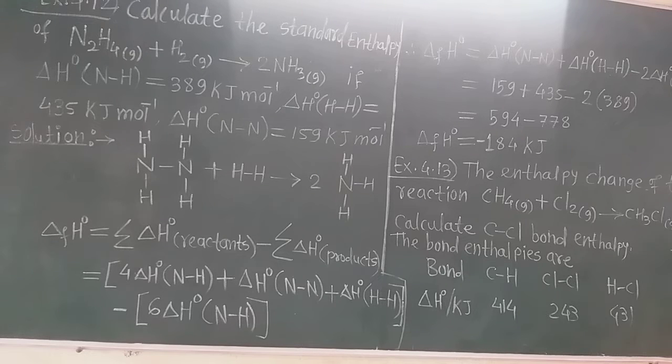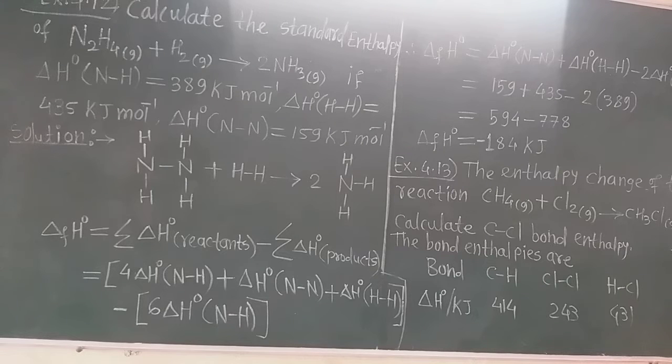Again they have given us delta H0 of H-H, that means hydrogen bond, that is 435 kilojoule per mole, and the bond enthalpy of N-N bond is equal to 159 kilojoule per mole. Now we have to calculate the delta reaction H of this reaction.